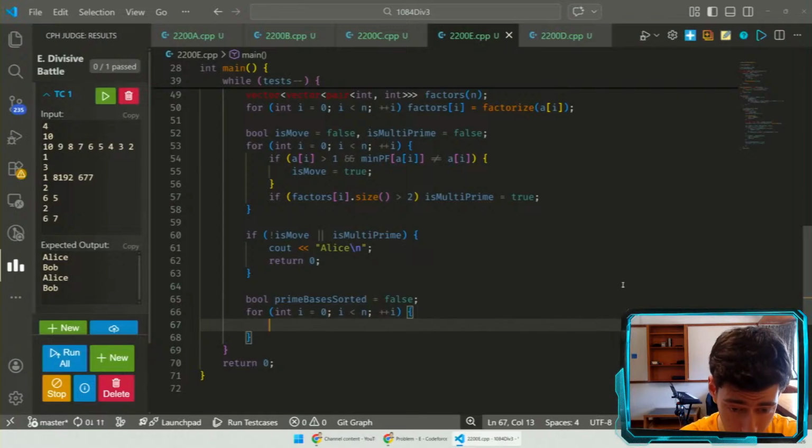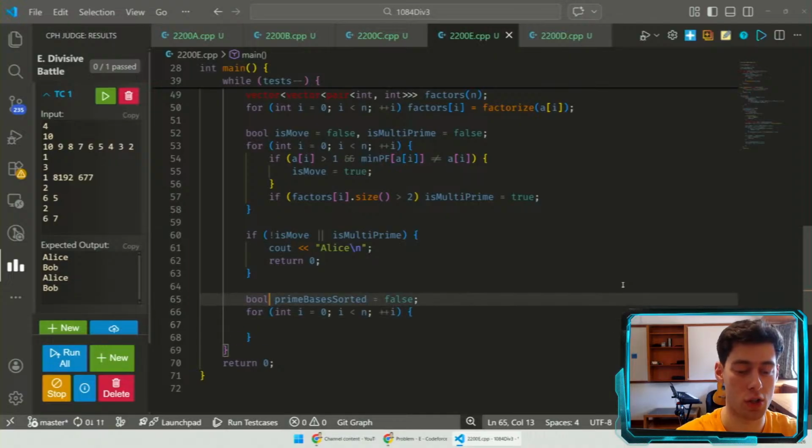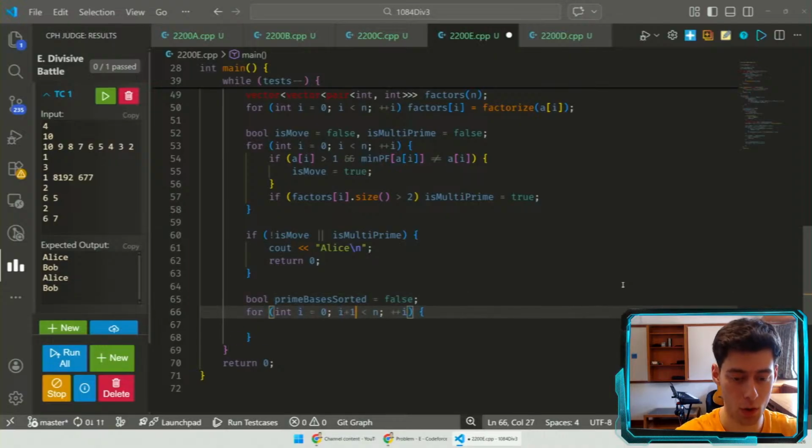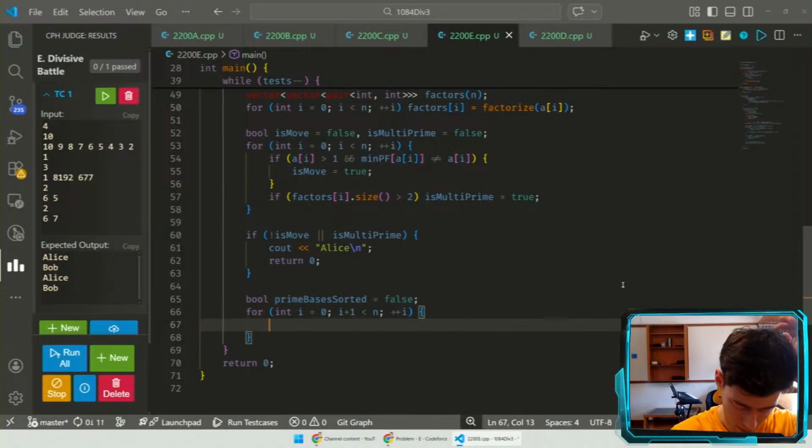Prime base is sorted as false. Now I just need to check whether, when you expand everything, it's sorted, which means I just have to check if I is less than I plus 1 in terms of the expansion.